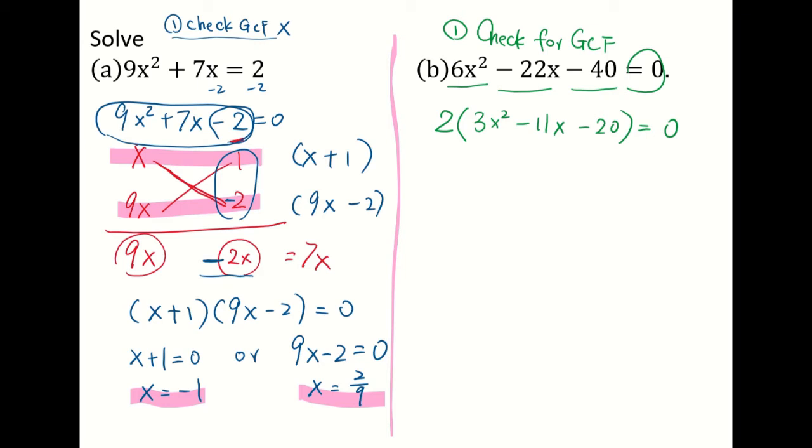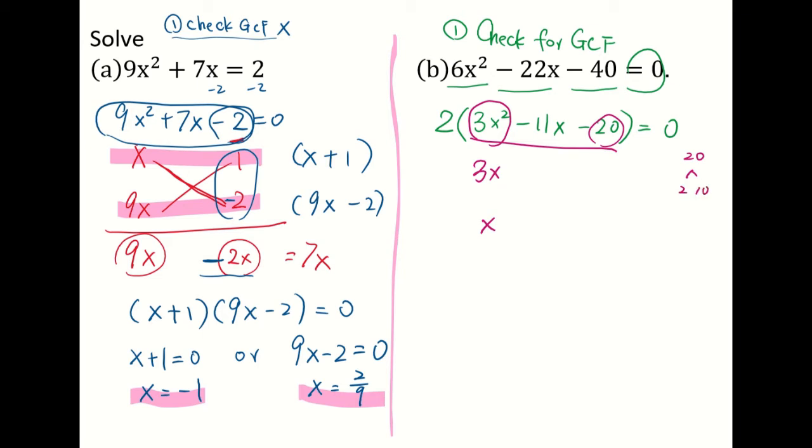Okay, now I'm just going to factor what's inside the parentheses here. Similar to the previous problem, first I'm going to factor this 3x squared. It's pretty obvious there's only one option, 3x and x. Right. Now I'm going to factor this 20. There are a lot of combinations to factor 20.